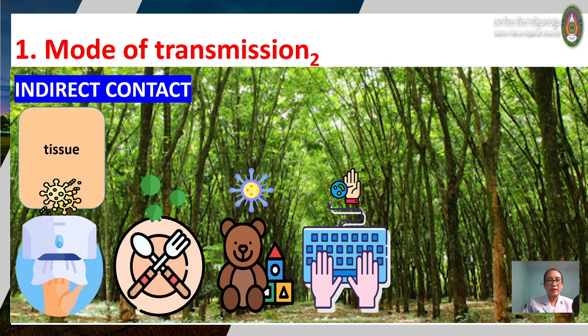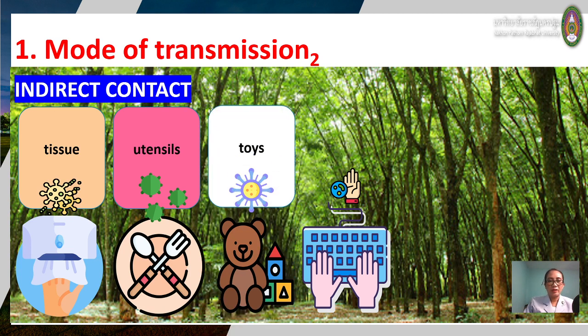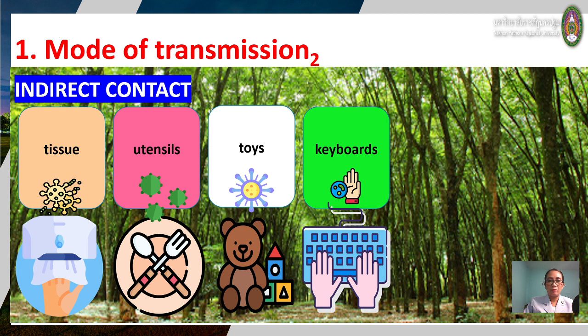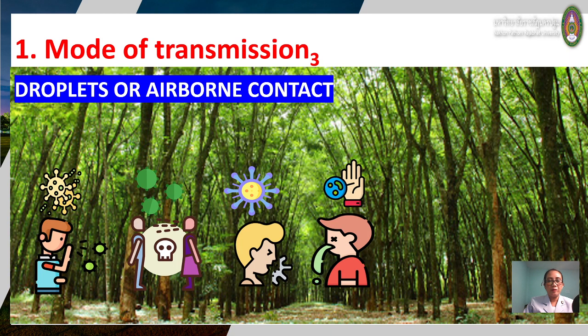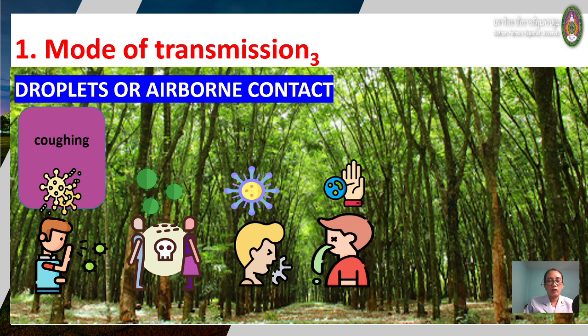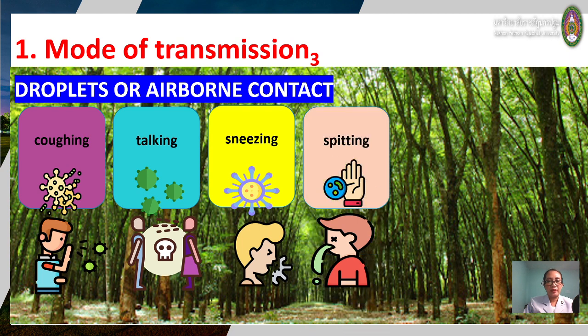For the indirect contact, we can get this from tissue papers, utensils that we use when we eat, toys for children, or even keyboards for us who are working in the office or anywhere in our setup nowadays. And the droplets or airborne contacts are very common nowadays: coughing, talking, sneezing, and spitting. Okay, so take note of this one.